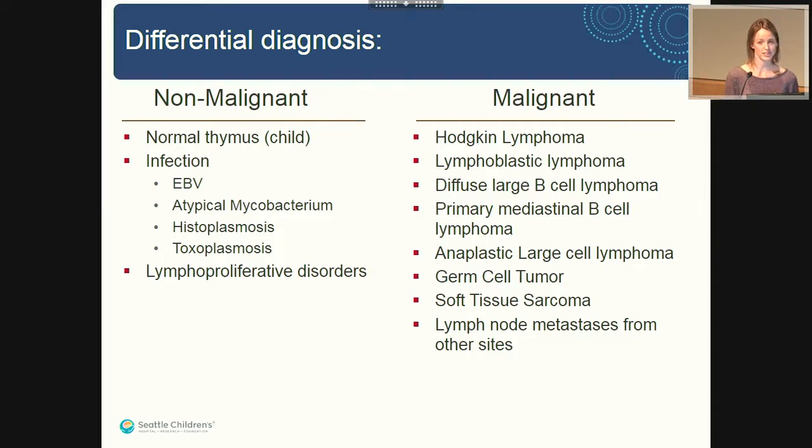But pediatric radiologists are usually really good at differentiating, and certainly a CT scan like that is not thymus. So it's a little bit of mild thickening that you might see.